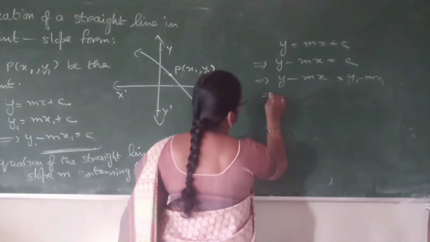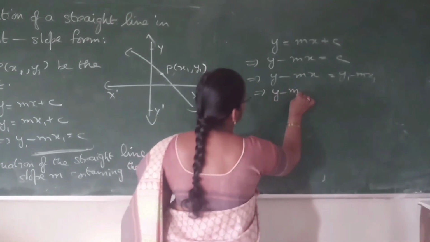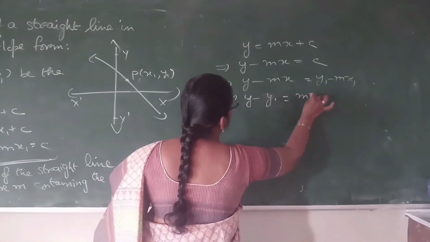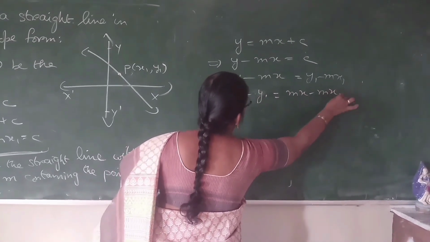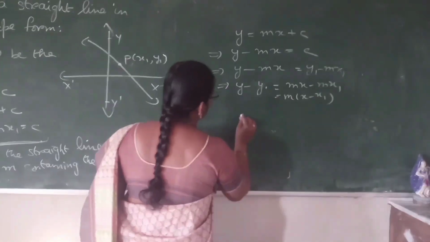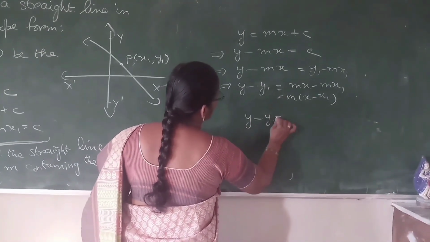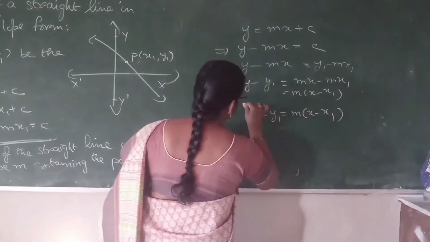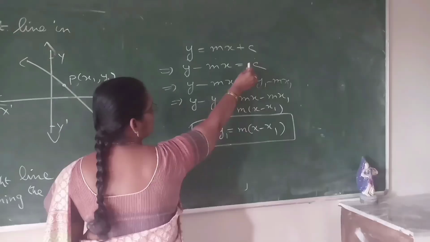You bring this one here, y minus y1 is equal to mx minus mx1, which is equal to m into x minus x1. That is y minus y1 is equal to m into x minus x1.